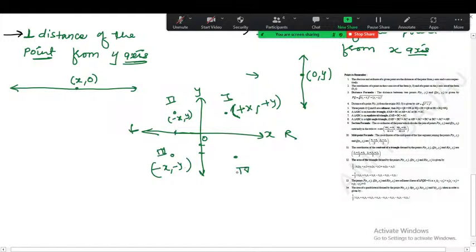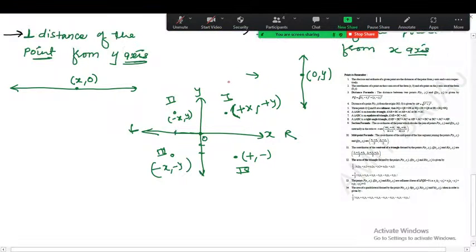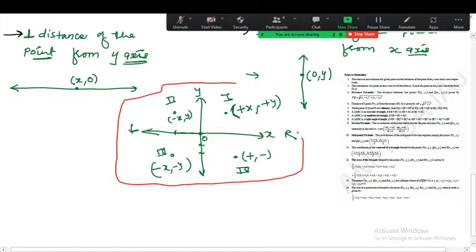Similarly, for the fourth quadrant, you will be moving towards the right from the origin and then downwards from that point, and that is why this is going to be plus minus. In this way, I want you to note down the quadrants 1, 2, 3 and their signs as well.